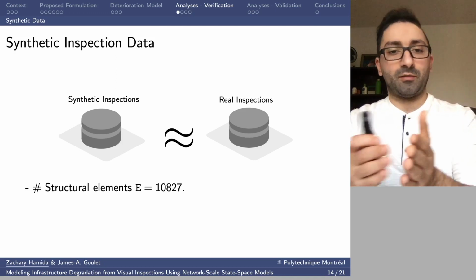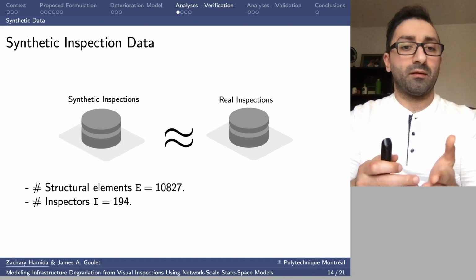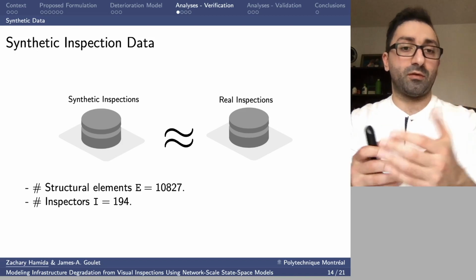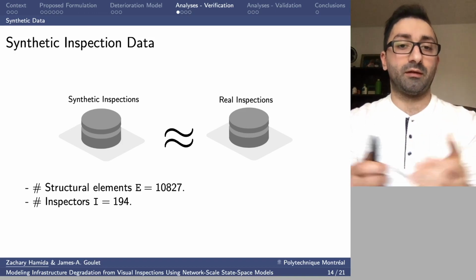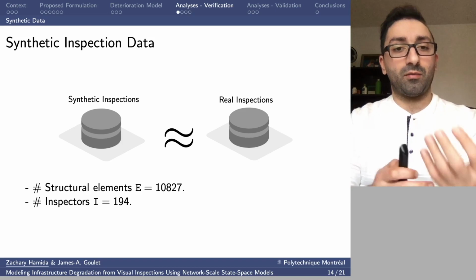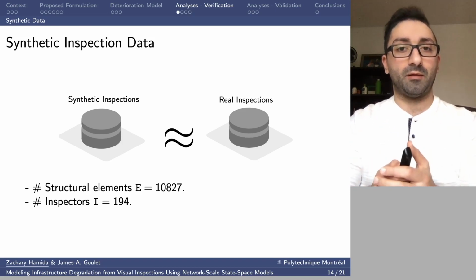Here, structural element refers to a time series. And the same number of inspectors providing these inspections or observations, 194 synthetic inspectors. Now, the details of how we generated the synthetic data, again, are available in the paper.